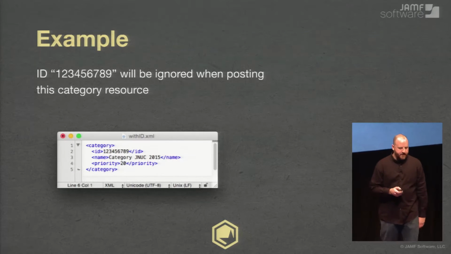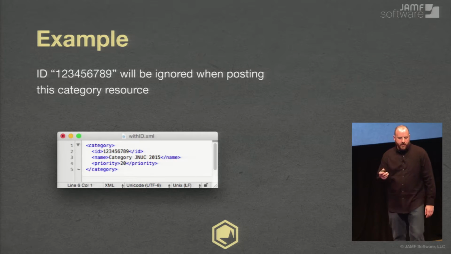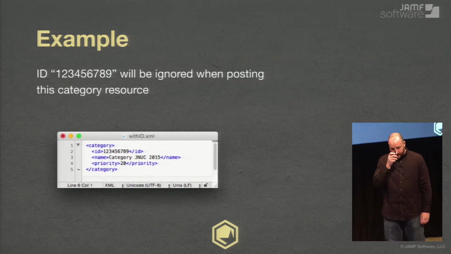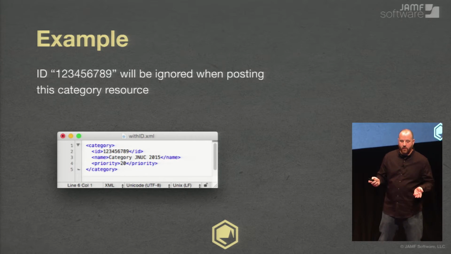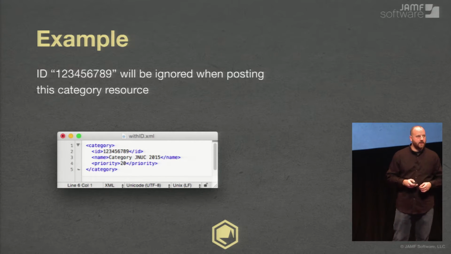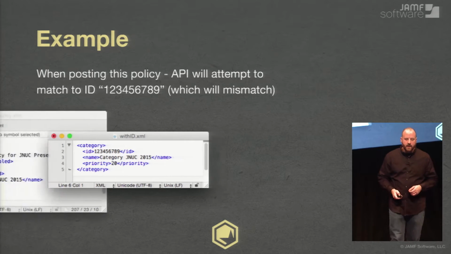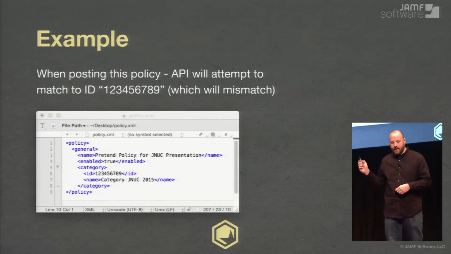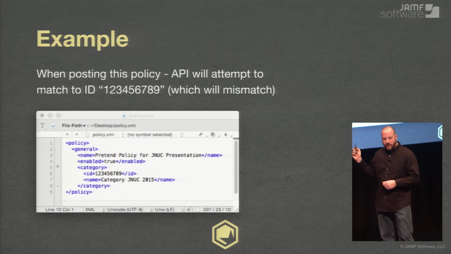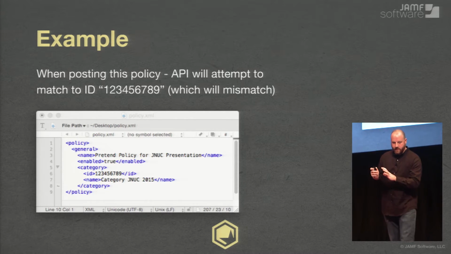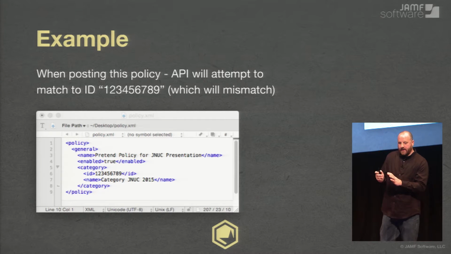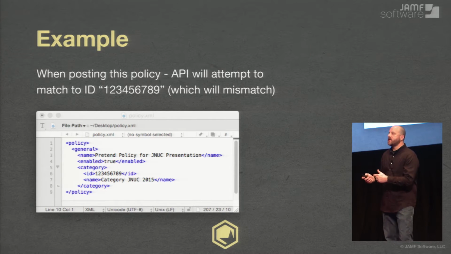So here's an example. In this example of a category, if you try to post this XML, it actually will post, because the JSS will just ignore that ID and assign it the next available ID anyway. But if you try to post a policy like this, where the category is in the policy resource but there's an ID with it, it will try to match on that ID.